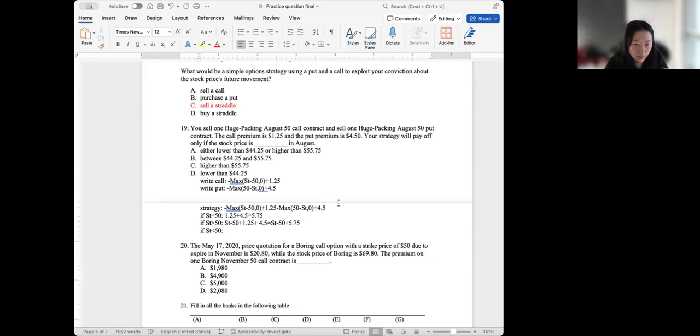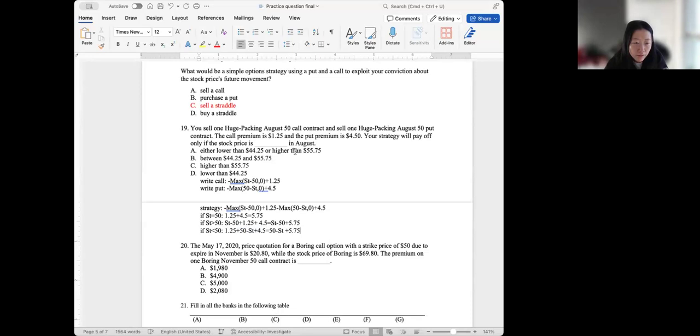And then if ST is less than 50, then this part is 0. And the put position only will need to be exercised and we need to pay this. So that will equal 5.75 plus this.